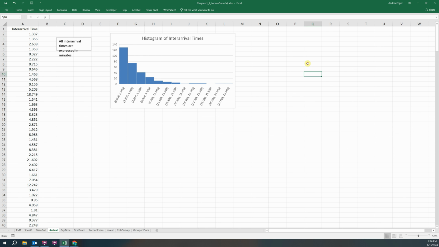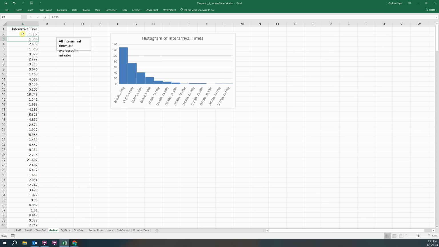So what did we just present? What this is telling us is that we had 129 of these data points where the inter-arrival time was between 0.008 and 2.308 minutes.